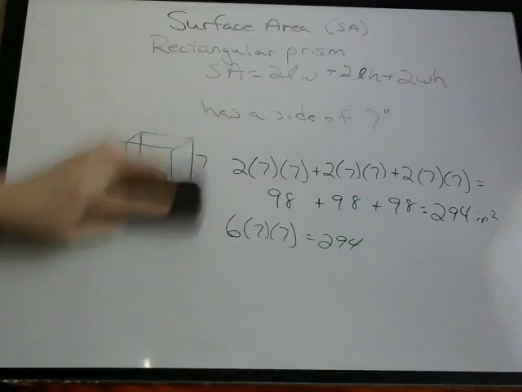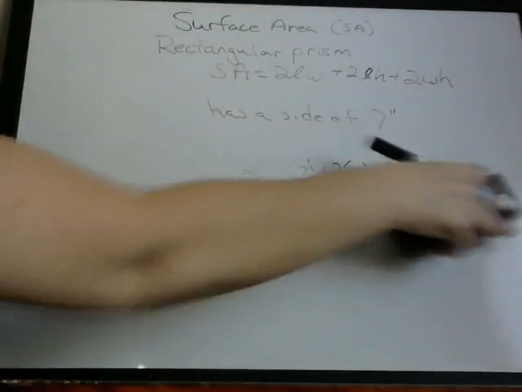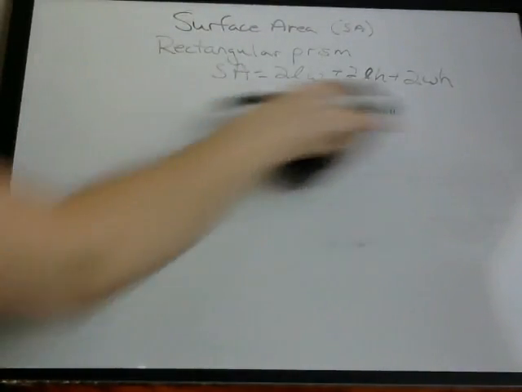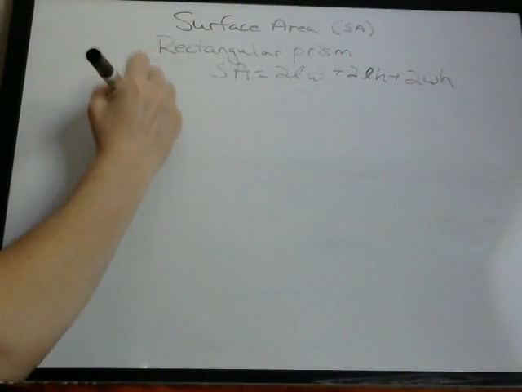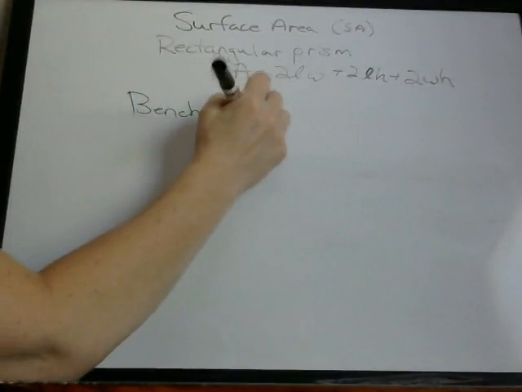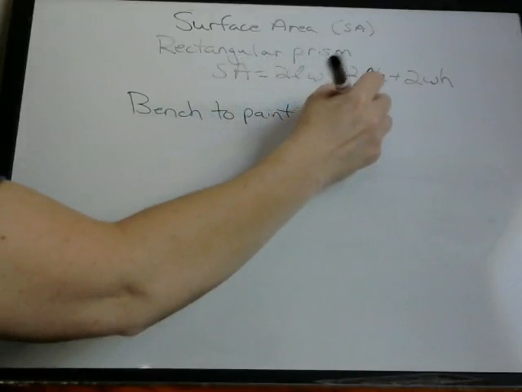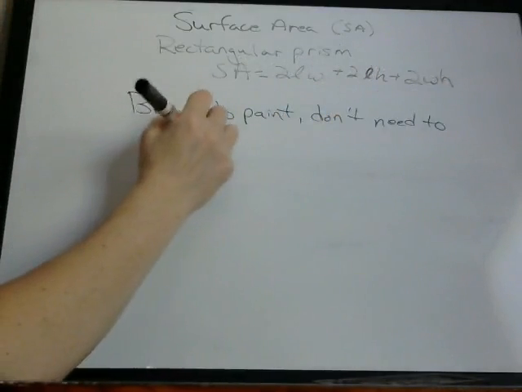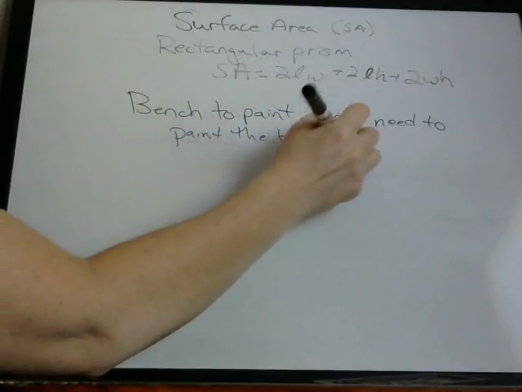So let's do a question where you're going to have to think, or at least know the concept of what surface area is. So let's say we have a bench to paint, but we don't need to paint the bottom of it because that's just going to be on the ground.